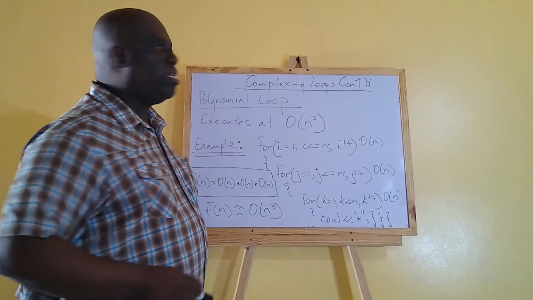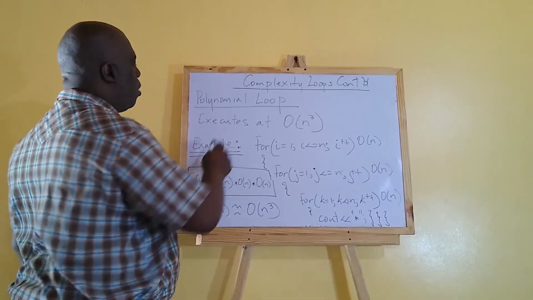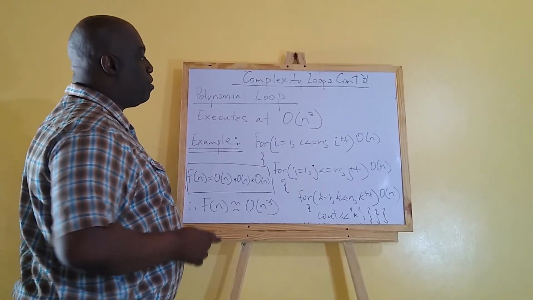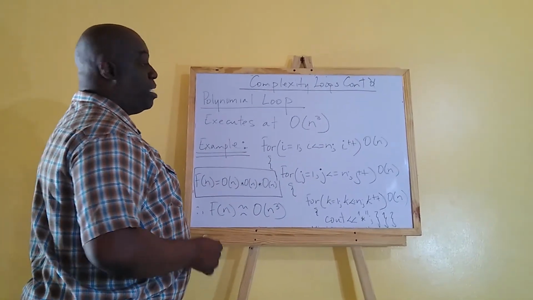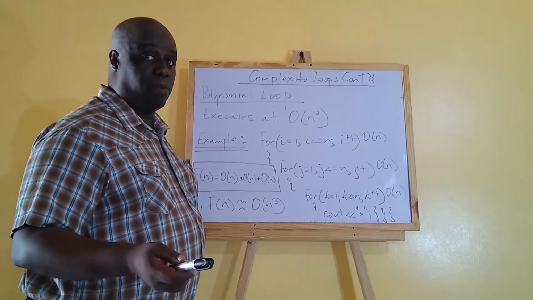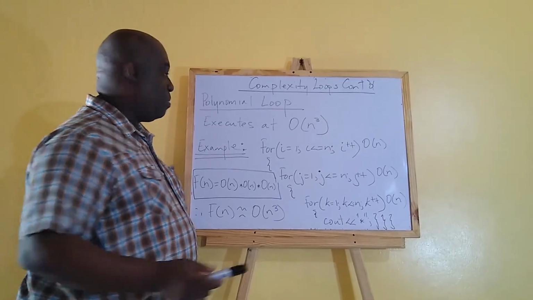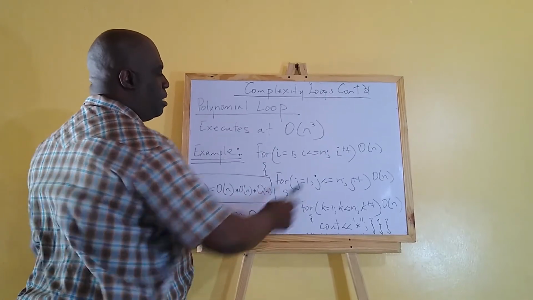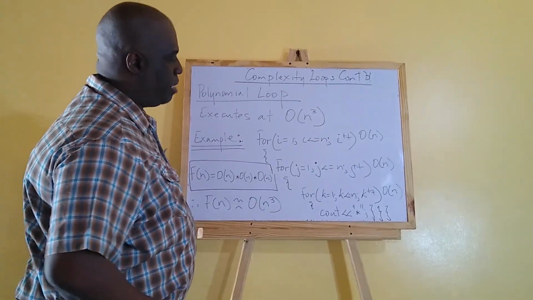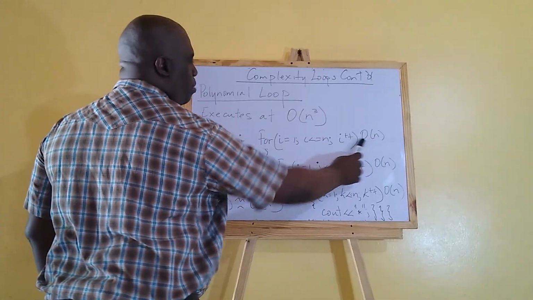Third loop category is the polynomial loop. This one executes at an order of n cubed. It also could be higher, but let's just demonstrate the basic examples, like some that I have in your assignment problem that you need to deduce for me. Right? So for i starting at 1 and i less than or equal to n, executes what? Order of n times. That first loop is order of n.